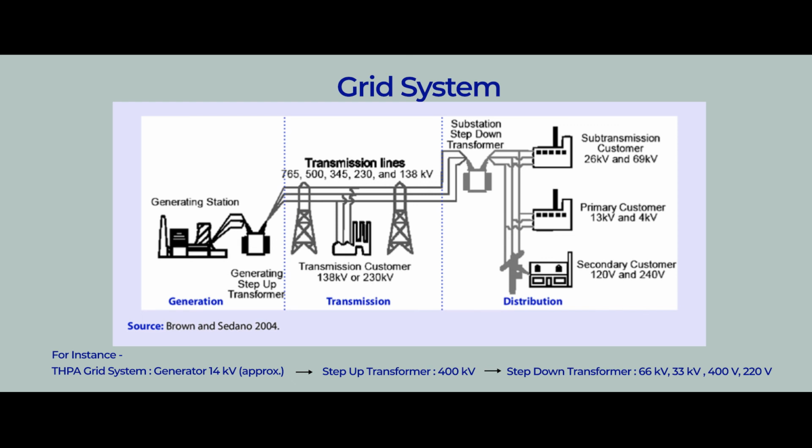Once it reaches the place of consumption, like here in Thimphu or in Punakha Wangdi, we use a device called a step-down transformer, and it is changed into the required voltage. In some cases it is 66 kilovolts, in some cases 33 kilovolts, and in some cases it's 400, and mostly in common households we use it at 220 volts.